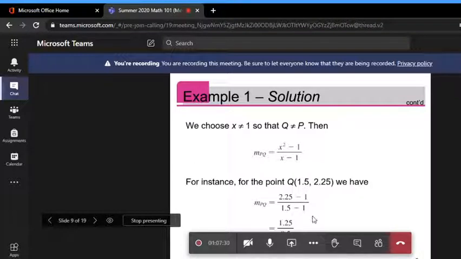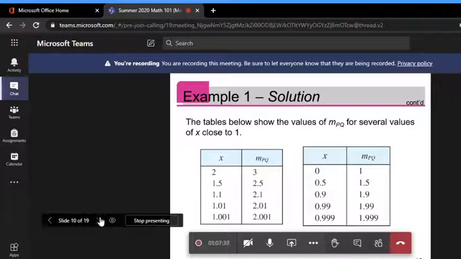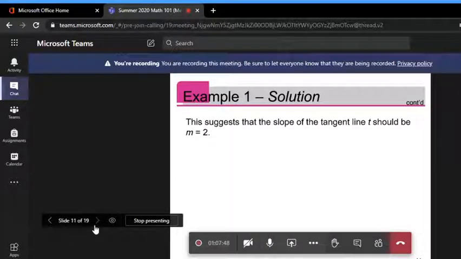You get the slope of the secant line. That's the formula we use all the time to find the slope. So they did that and built these tables. Do you see that as x approaches 1, the slope approaches 2? Similarly here. So from the left and from the right, it seems the slope of the tangent line is 2.